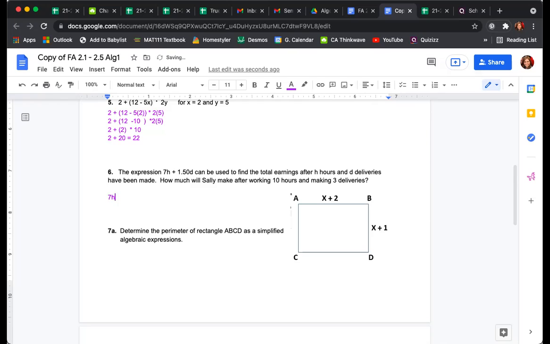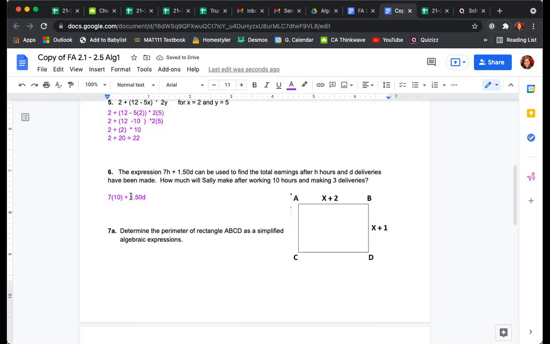So again, the expression that was given to us was 7h plus 1.50d. However, I want to know how much Sally will make after working 10 hours. So instead of the variable for hours, h, I'm going to say parentheses 10 hours. I'm going to substitute that in.